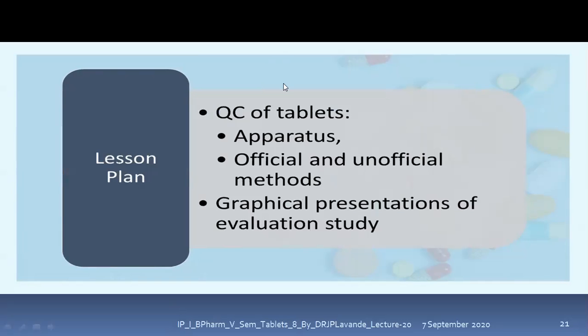So our lecture plan will be like this: to study the QC of the tablet, to study what apparatus are used, then the official and unofficial different methods, and the representation of these different tests.